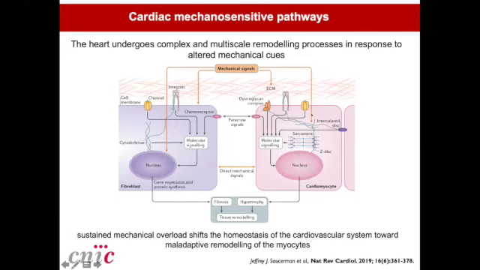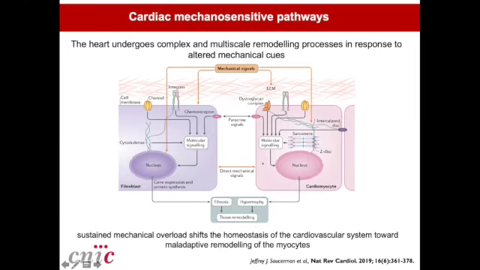This generation and sensing of mechanical signals determine cell and tissue behavior in health and disease. The heart, for example, responds to mechanical cues with tissue remodeling processes, and in these processes the connection between cardiomyocytes and fibroblasts plays a key role.